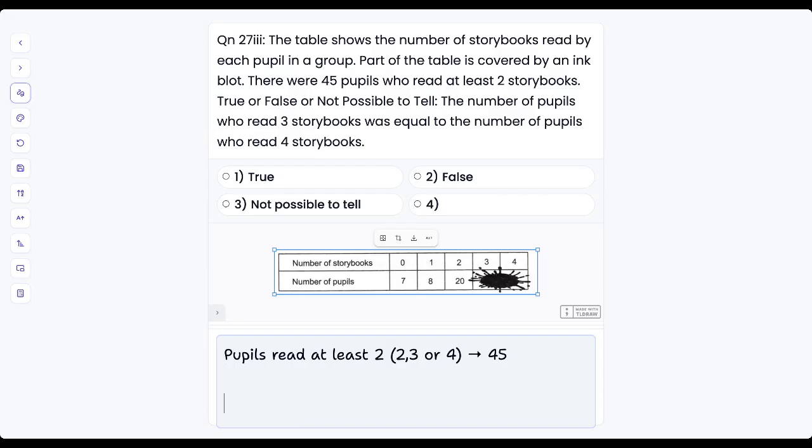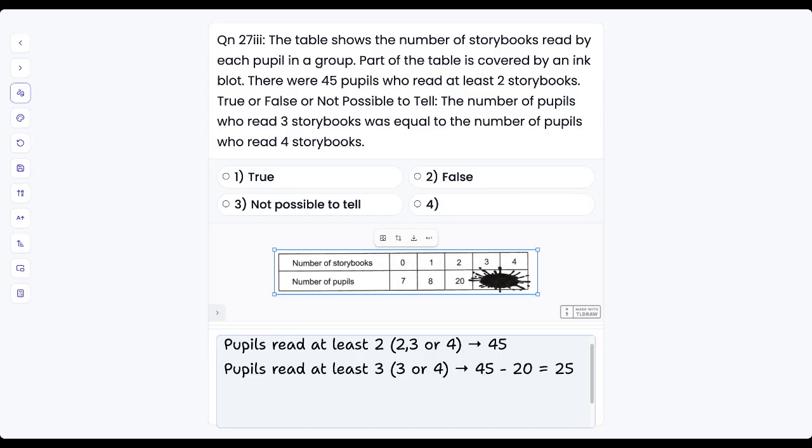So that means pupils who read at least 3, which is either 3 or 4, is equal to 45 minus 20, which is equal to 25.